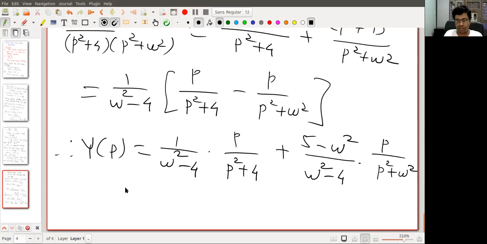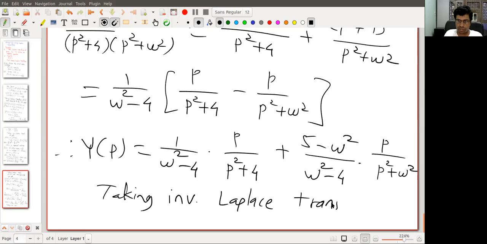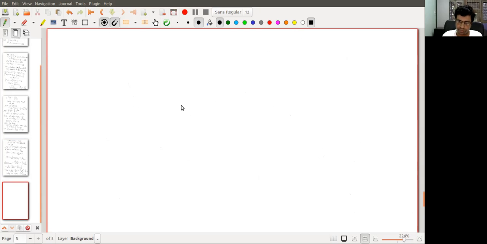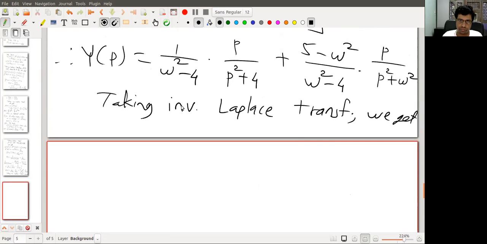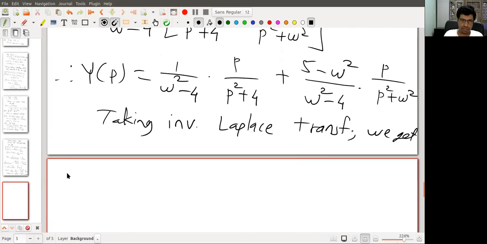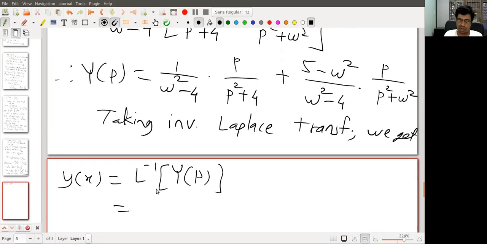Okay, now we are ready to take the inverse Laplace transform. Taking the inverse Laplace transform, we get y of x, which is nothing but L inverse of capital Y of p, equal to L inverse of the right hand side.